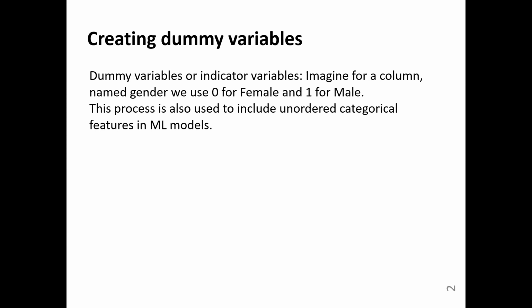Imagine a column named gender. By the way, guys, with respect to all ideas and opinions, I need to tell you the data set belongs to 100 years ago. So they just have one column that contains female and male as gender. The data set is not updated, definitely.